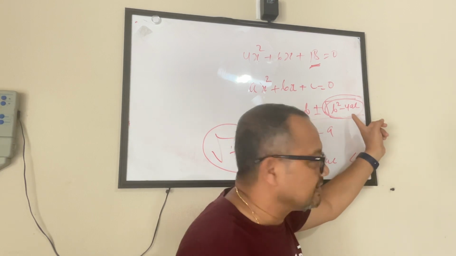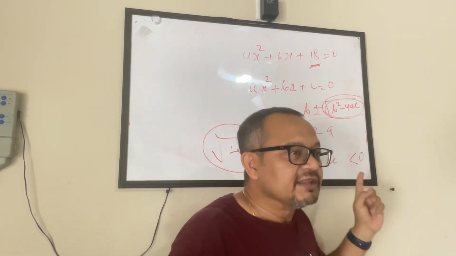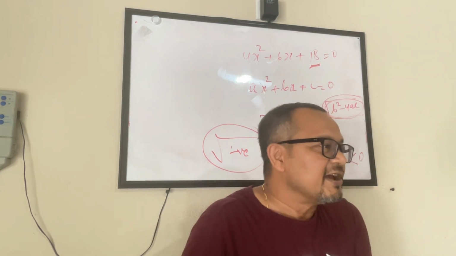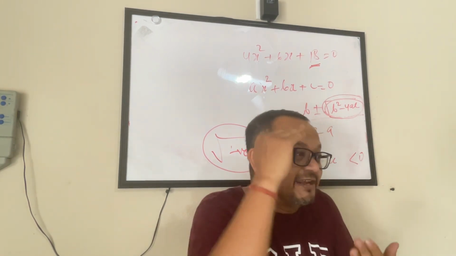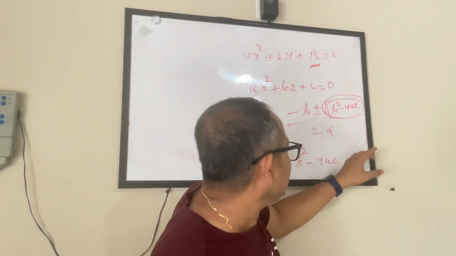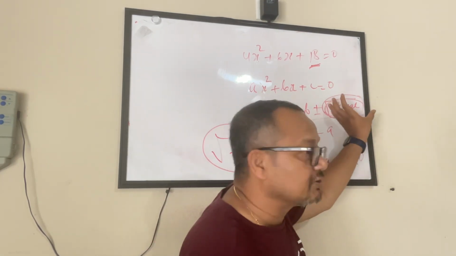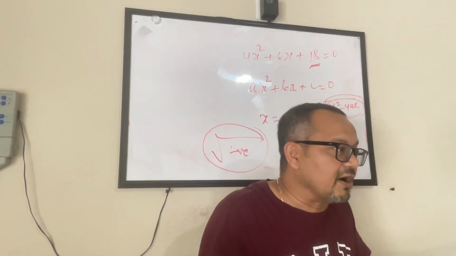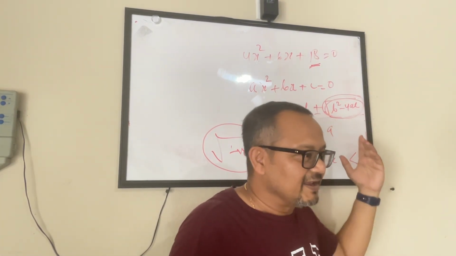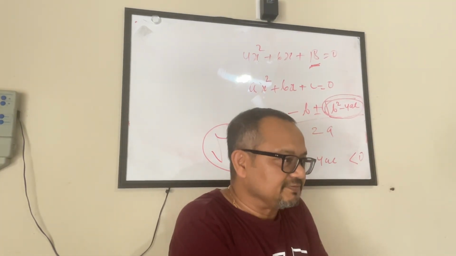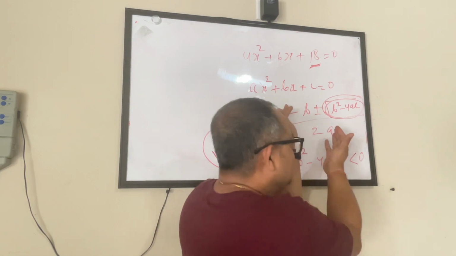If you are being lazy, that is good, because being lazy while doing maths makes you smarter. You find easier shortcut methods. So you will only look at finding the discriminant. If it is greater than 0, you don't have an option of being lazy, you have to solve it. If it is less than 0, you say, okay, I'm done, I'm not touching this. If it is equal to 0, you only have to find the one value.